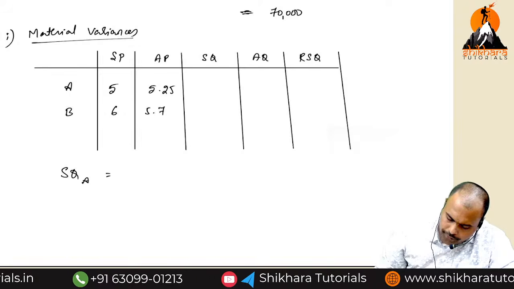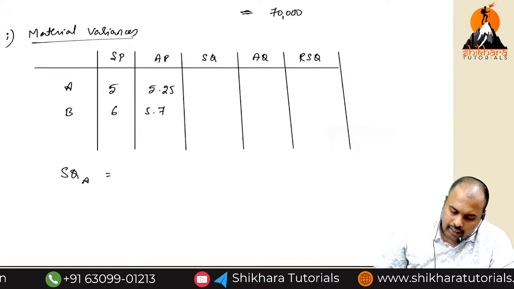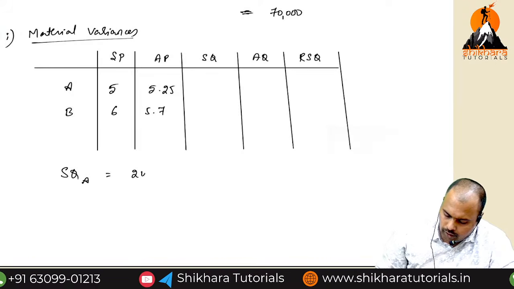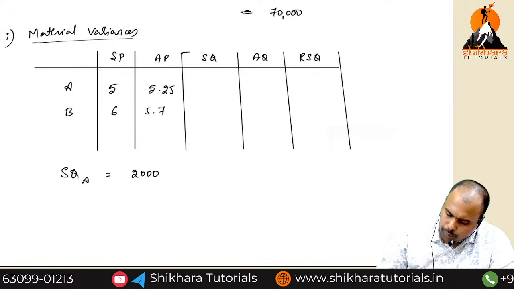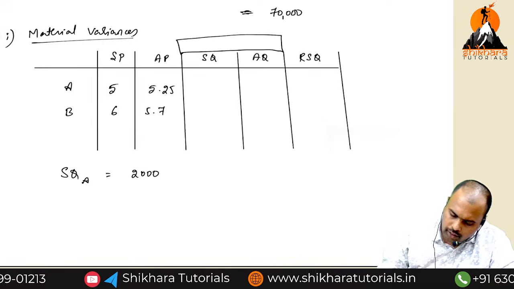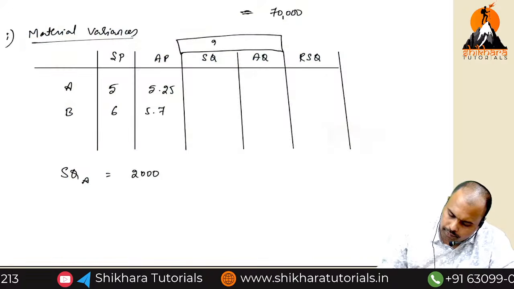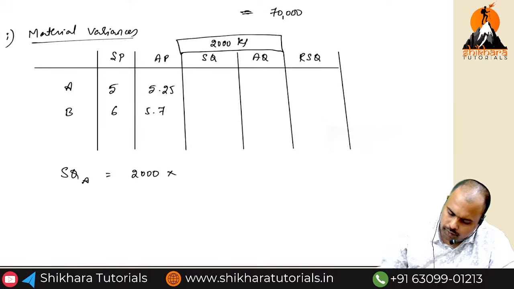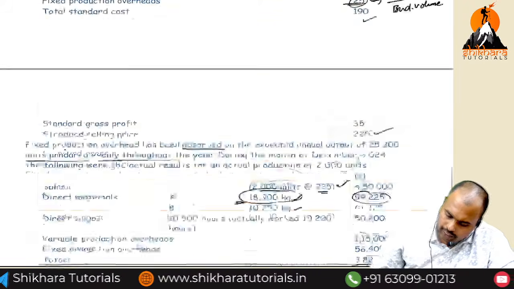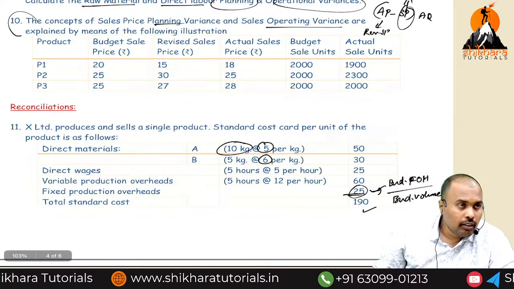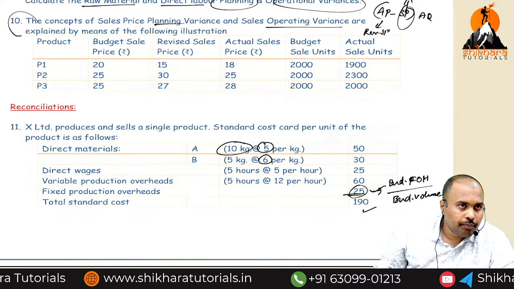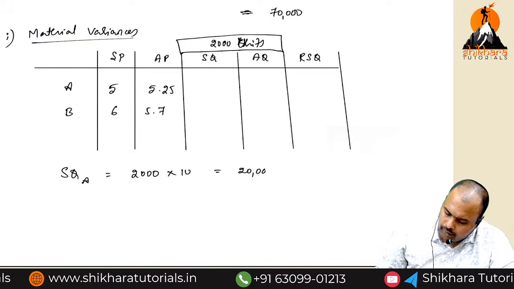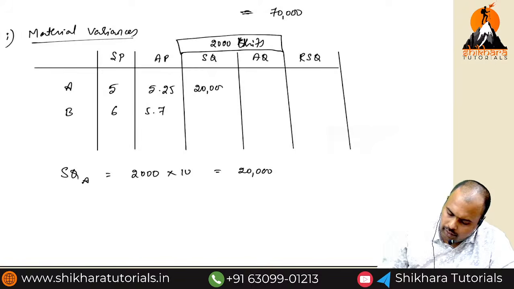Now standard quantity. Standard quantity of A. They said standard quantity is always for actual output. What is actual output? 2000 units. Both of this has to be for actual output of 2000. Each unit requires 10 kg, so 2000 into 10, which is 20,000.